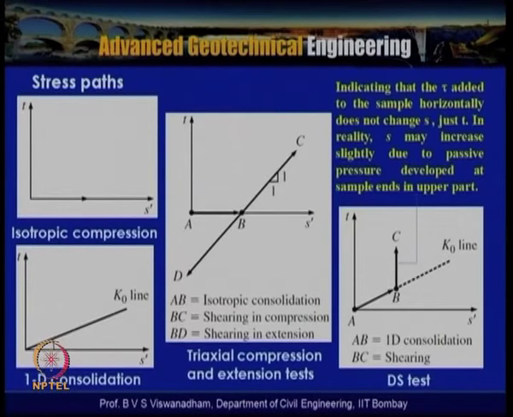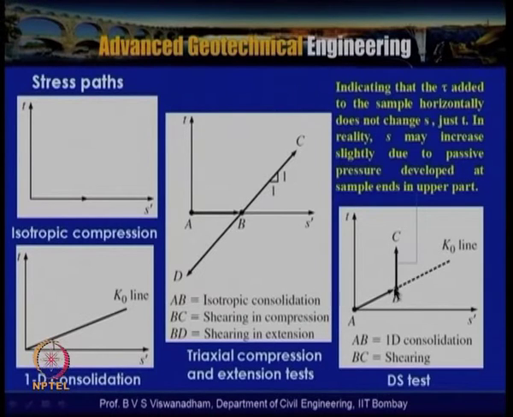So the tau added to the sample horizontally does not change, basically only T will change. What you see is that T is changing, but S will not change.